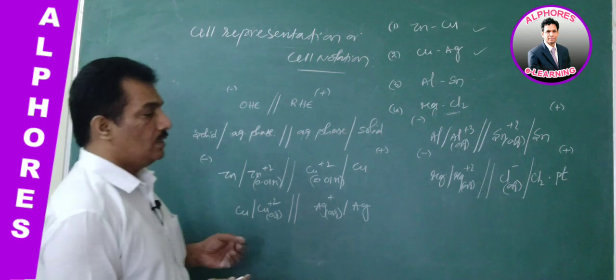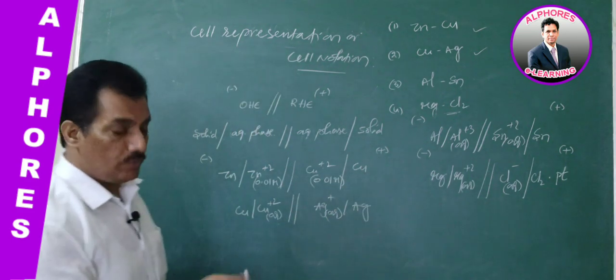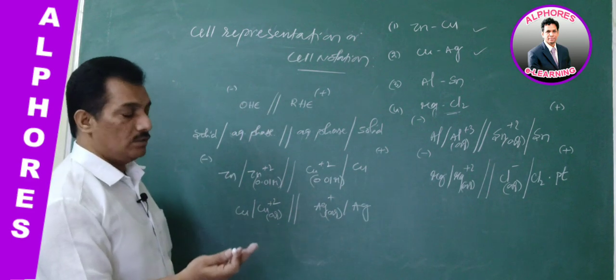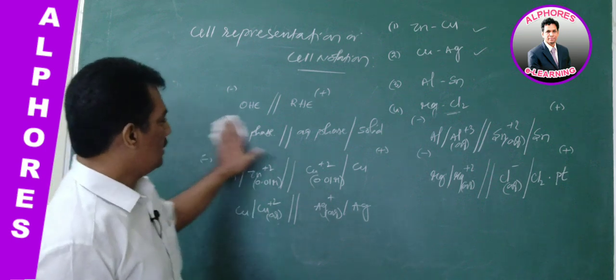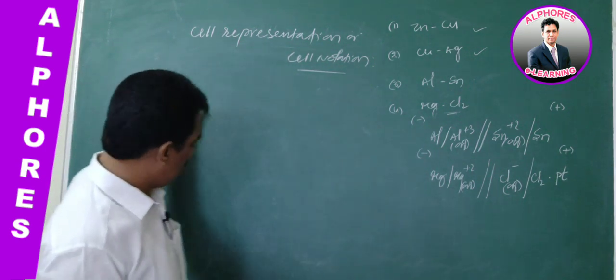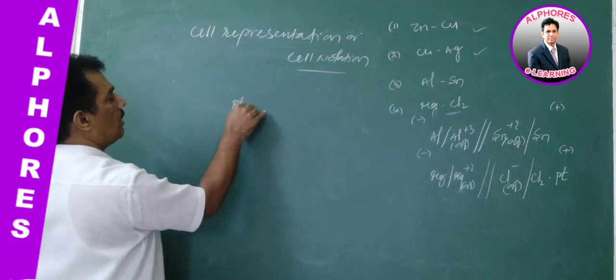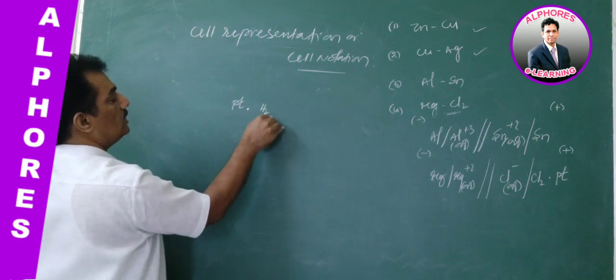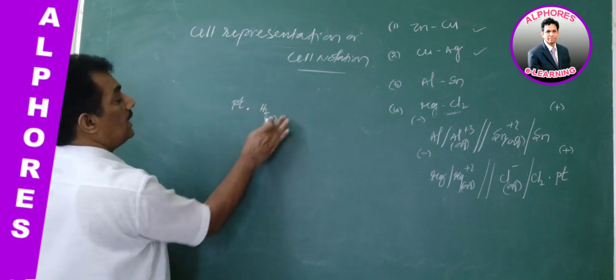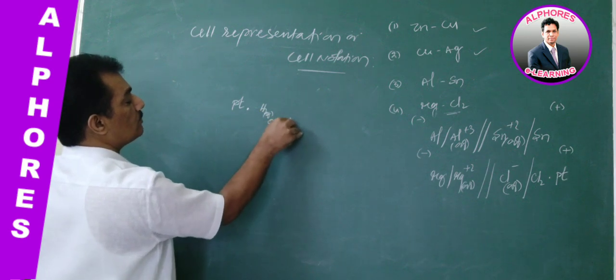Clear? And now in case it is hydrogen and chlorine electrodes, where we have a common electrolyte, let me write that one. Here also we can represent the physical state and the participation of inert electrodes. For example, platinum, hydrogen. Hydrogen is a gas, and this gas is at a pressure of 0.9 atmospheres.